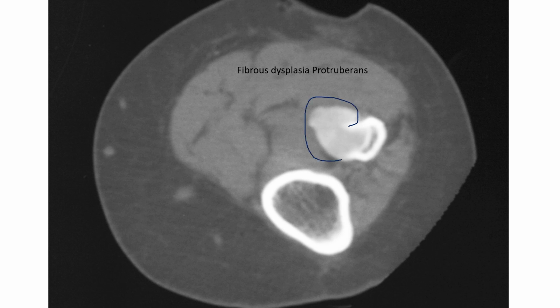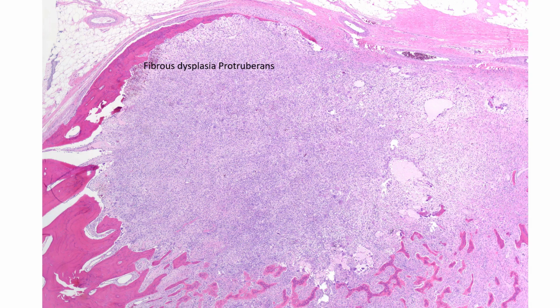So you don't typically think of fibrous dysplasia as a surface lesion, with the exception of this entity, fibrous dysplasia protuberans. And here's a histologic image of that entity. Here it's going beyond, shattering the overlying cortical bone and creating this protuberance on the surface of the bone.